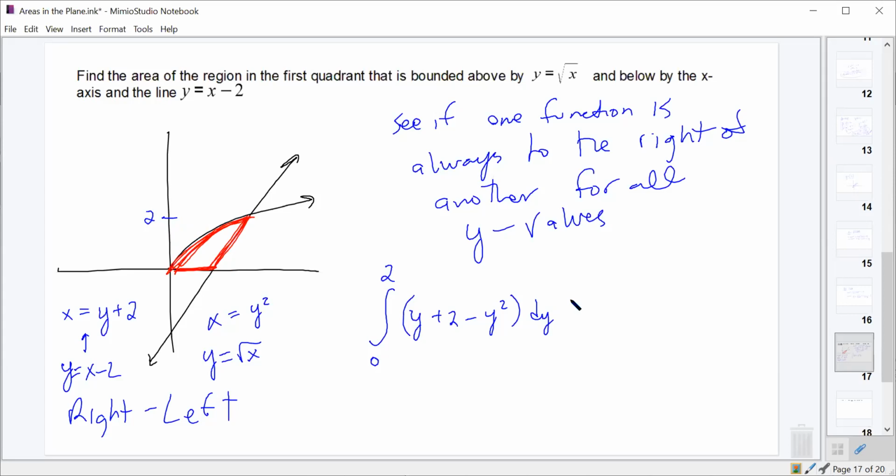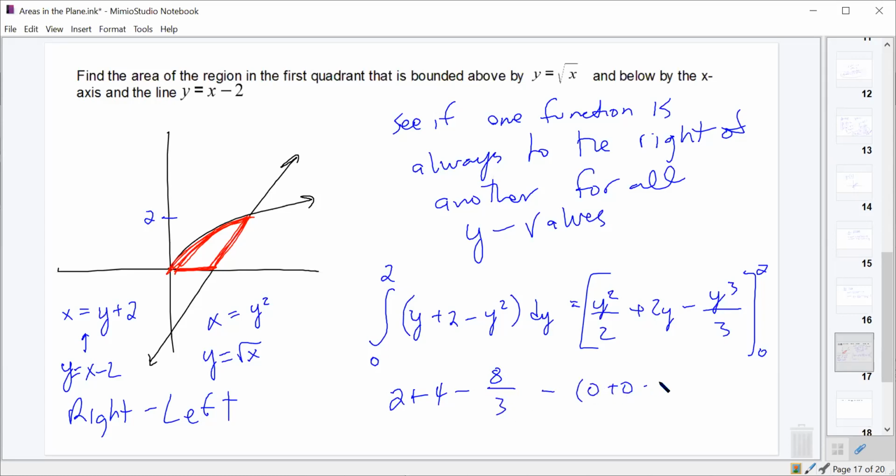Okay. So we end up with y squared over 2 plus 2y minus y cubed over 3 from 0 to 2. And 2 squared over 2 is 2, right? Plus 2 times 2 is 4, minus 2 cubed is 8 over 3, minus 0 plus 0 minus 0.